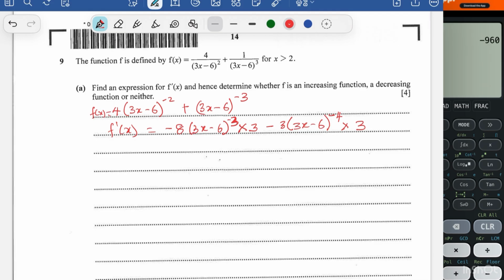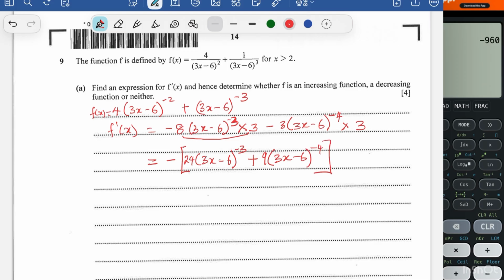We should also prove whether it is an increasing or decreasing function. So this is a decreasing function because f prime of x is less than 0. This is minus 24 bracket 3x minus 6 to the power of minus 3, plus 9 bracket 3x minus 6 to the power of minus 4.